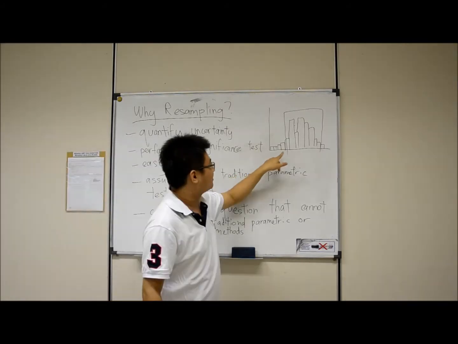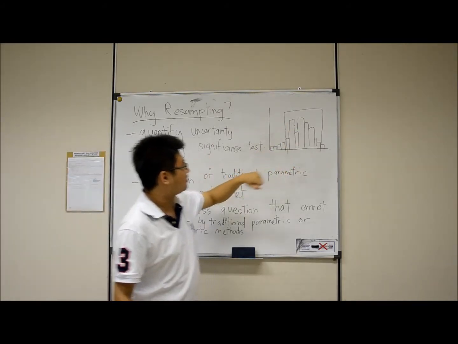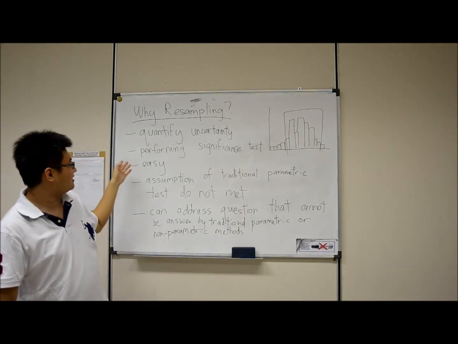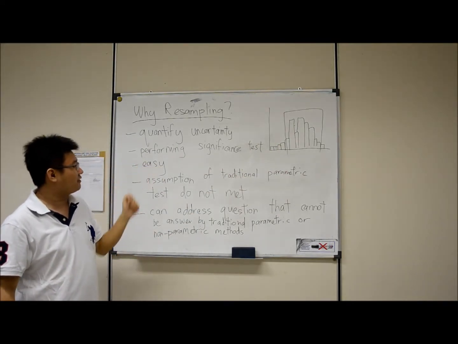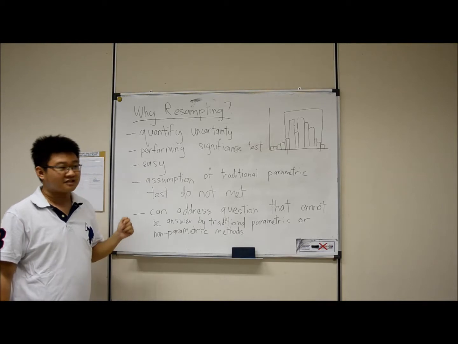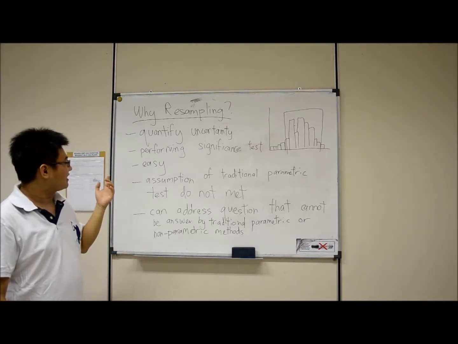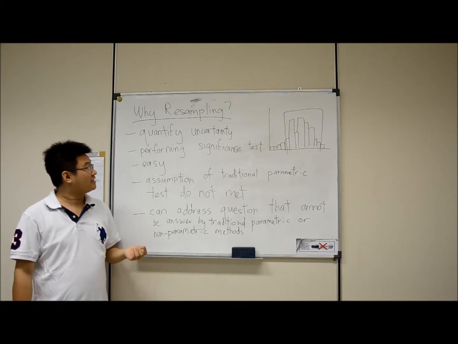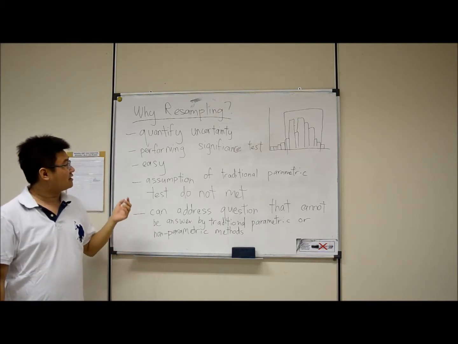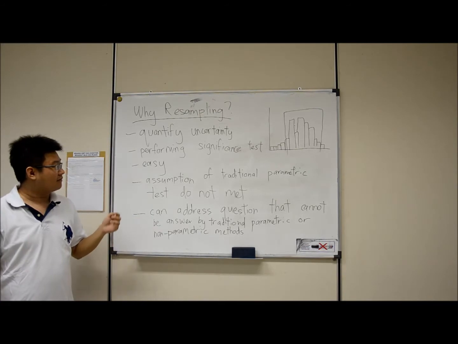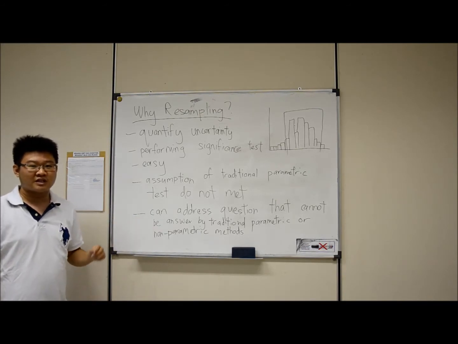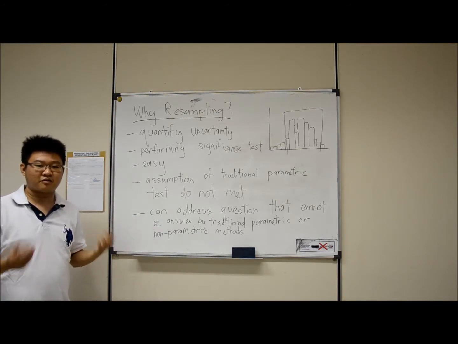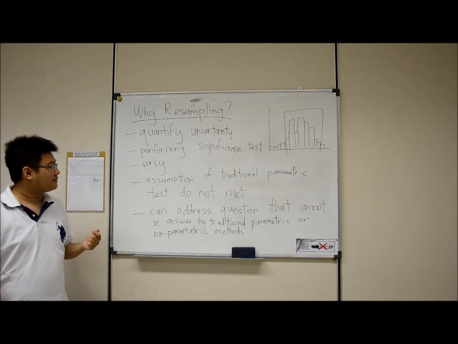The second point is performing significant tests. Resampling and significant tests have a relationship. By using resampling, we can perform a significant test to make an inference about the population statistics.